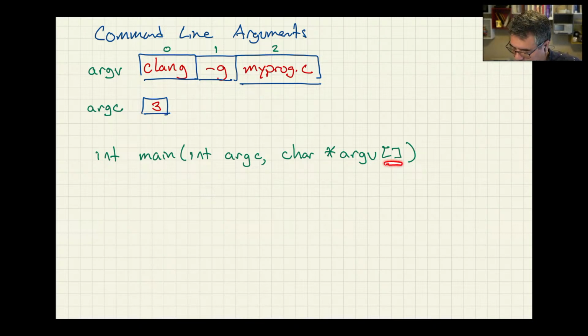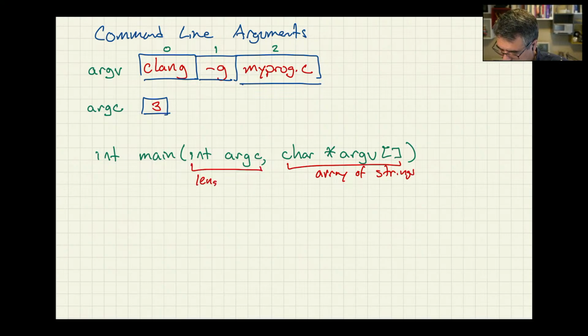It's an array of character pointers, and of course we know that character pointers are really just strings. And then argc is the length of the array.